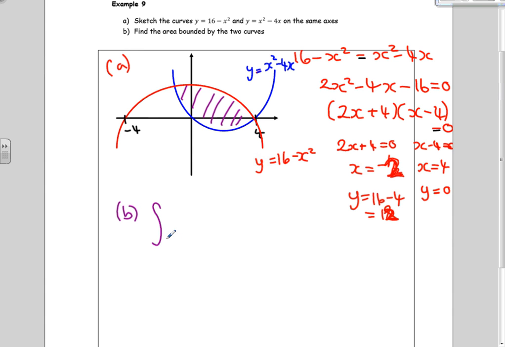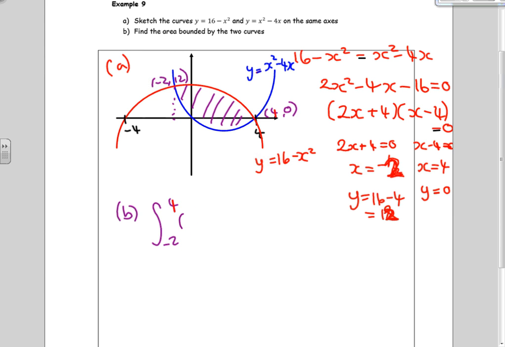So I'm going to be integrating between minus 2 and 4, because remembering that they intersect here at minus 2, 12, and here at 4, 0. And the top curve here is 16 minus x squared.